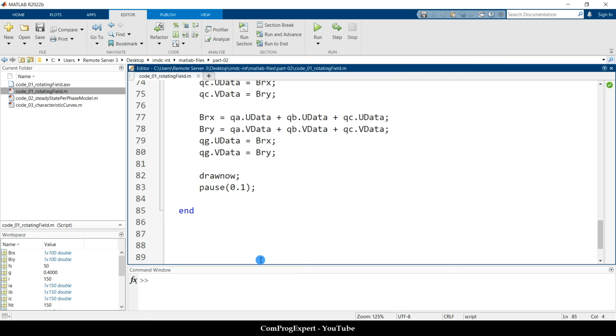You can visualize this rotating field using the plots instead of the quiver functions. That is also interesting. You can do it yourself as a practice. So I think it's enough for this video, and let's continue development of the abstract model in the next video.